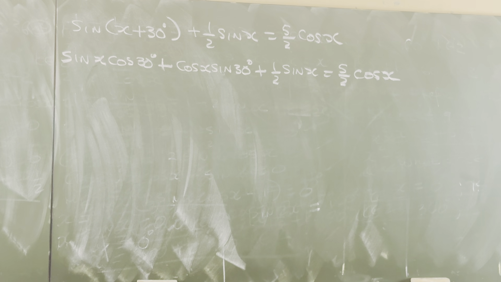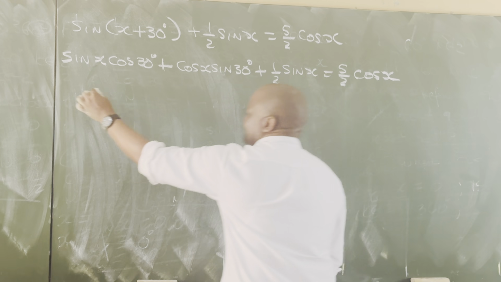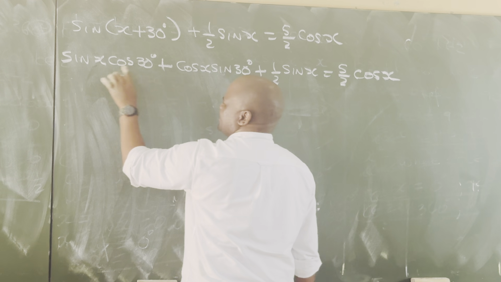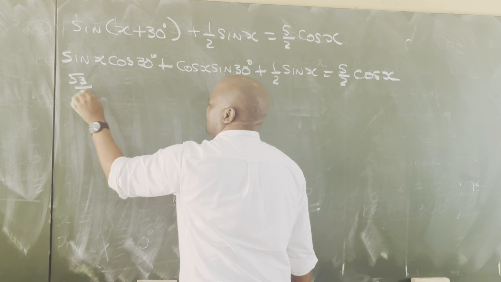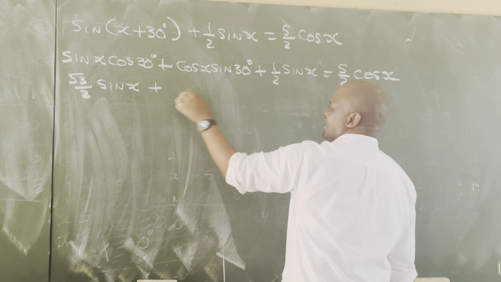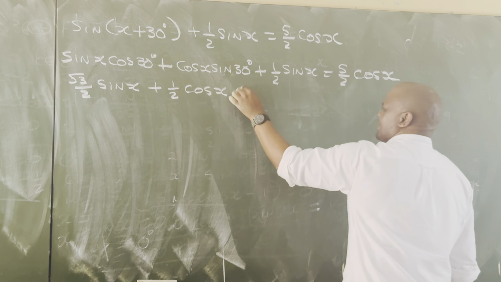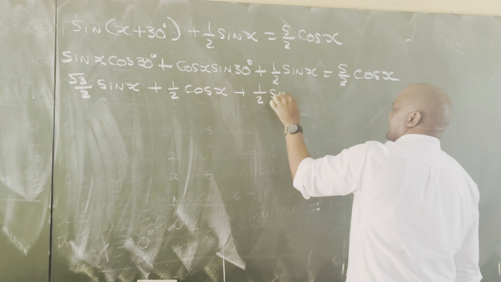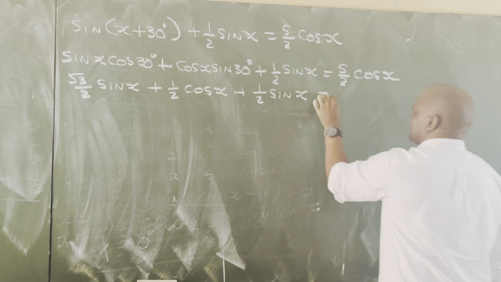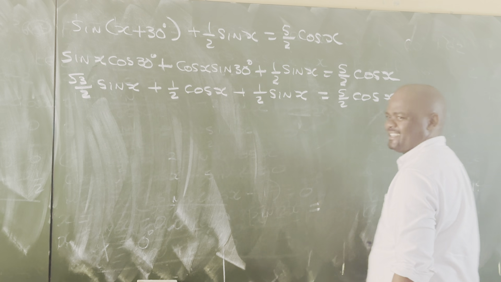And then someone is saying evaluate the special angles. Okay, so this is root 3 over 2 sine x plus half cos x plus half sine x is equal to 5 over 2 cos x.